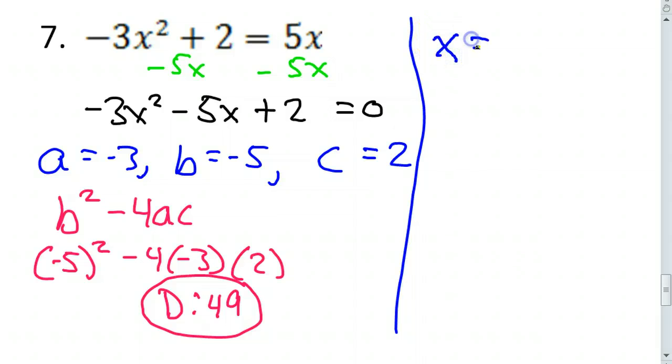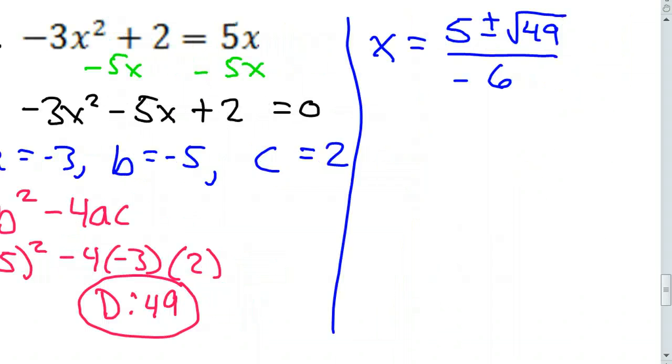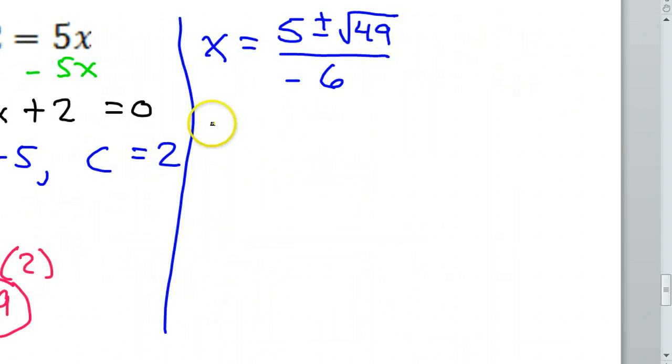So x is equal to the opposite of b. b is negative 5, so the opposite of b is positive 5, plus or minus the square root of 49, all over 2a. a is negative 3, so 2a is negative 6. The square root of 49 is 7.